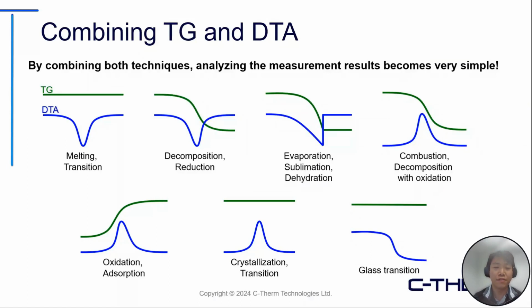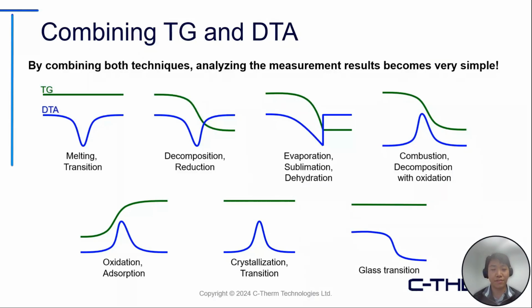For example, for the first set of curves, where the TG curve is flat and there's an endothermic peak in the DTA curve, we can deduce that this is associated with melting or transition, because a flat TG curve signifies that there was no mass change during that temperature. And the endothermic peak in the DTA curve suggests that there was an endothermic reaction happening. So we can infer that either the sample melted or it went through some sort of phase transition.